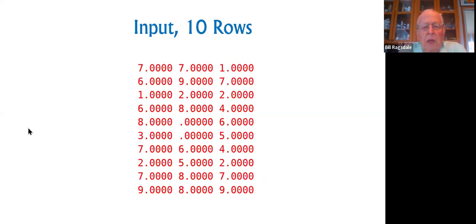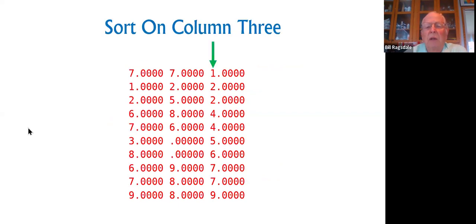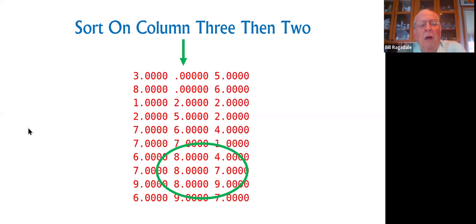Here's an example. It's a matrix constructed of floating point numbers. They're randomly generated. So it's a 3 by 10 matrix, and we're going to sort. Initially, it would sort on column 3. So we see the values after sorting are going from 1, 2, 4, 5, 6, 7, up to 9. Now sorting on column 2, we see the column 2 values are in order, starting at 0, going through 2, 5, 6, 7, 8, ending in 9.